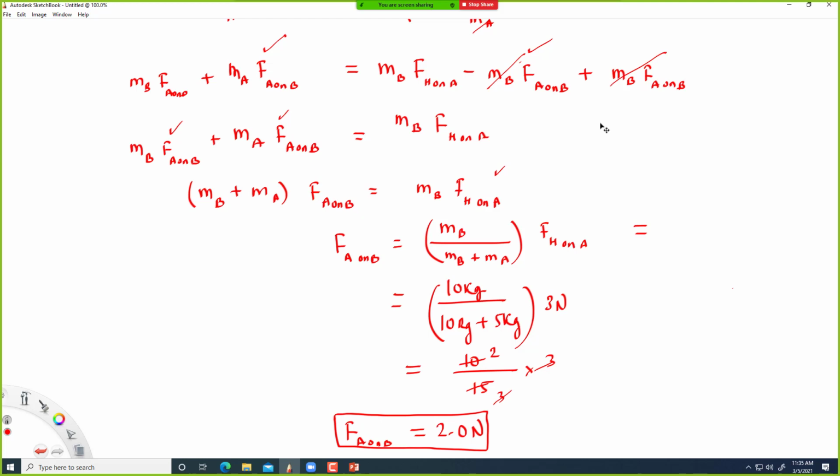Now let's go back to number 6 from worksheet 8. So visualize the problem. There is a book A that sits on top of book B, which sits on a table.